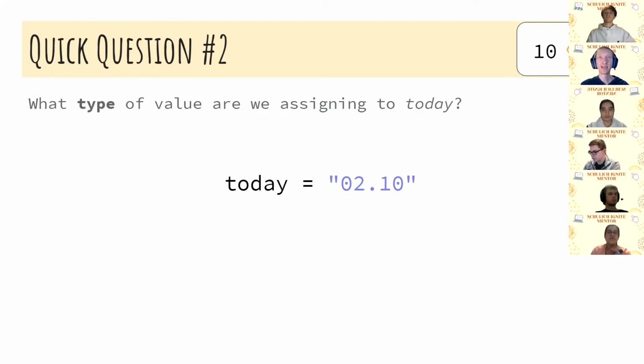The correct answer for this one was the string. The reason for that is because a string is anything that's contained inside those double quotes. That's what makes it a string. It doesn't matter that the characters inside of it look like a float. To Python, it just says, well, it's inside double quotes. That makes it a string.